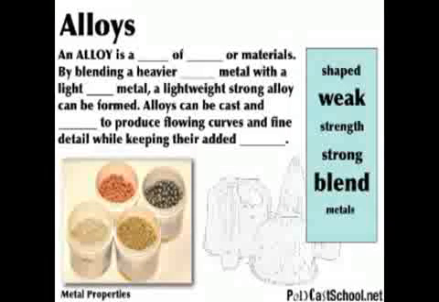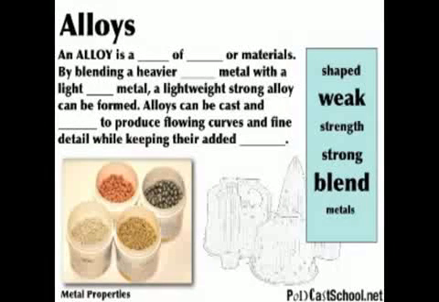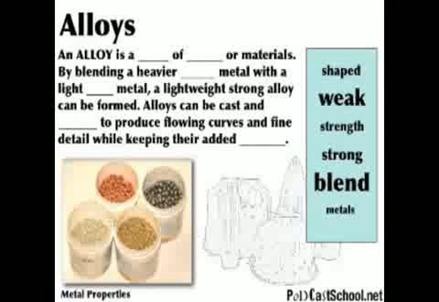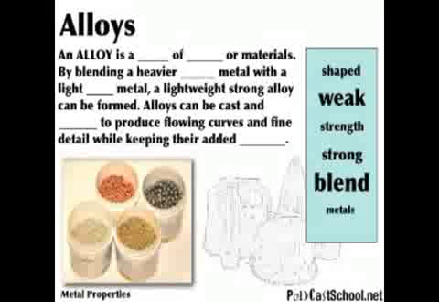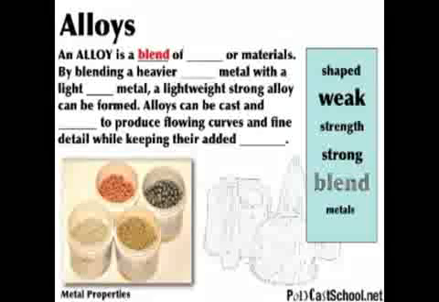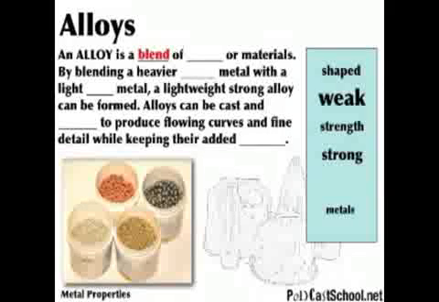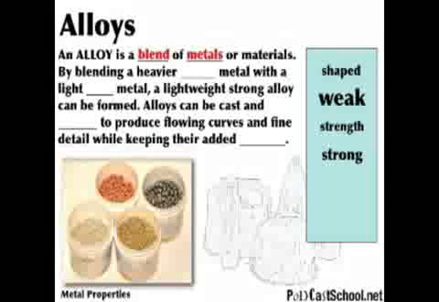But first, let's look at something called alloys. We'll read through the paragraph together and we'll use these words to put them into the spaces to gain an understanding of what an alloy actually is. Okay, so an alloy is what do you think? It's a blend of metals, or materials.